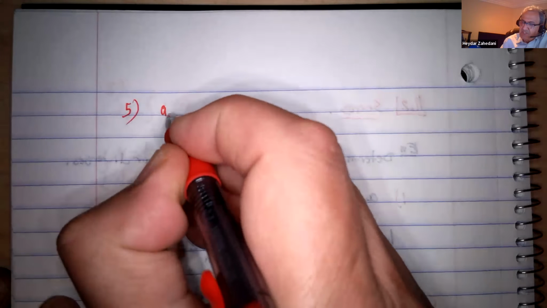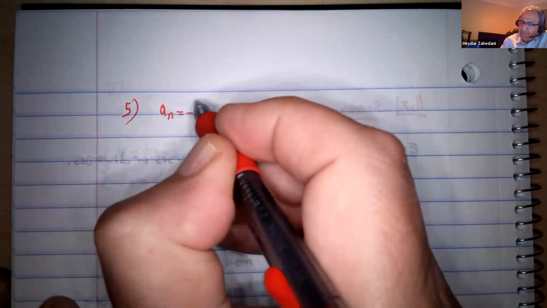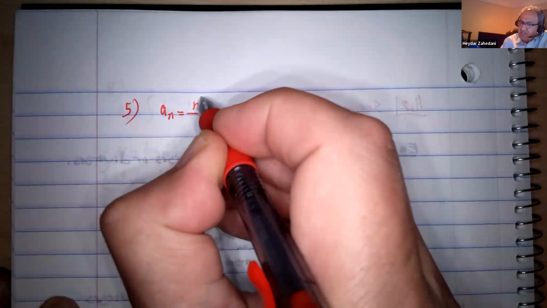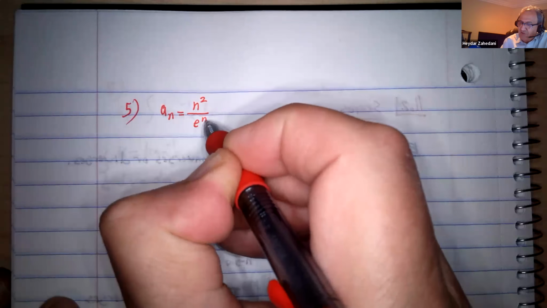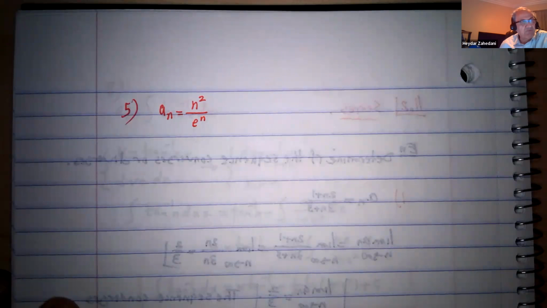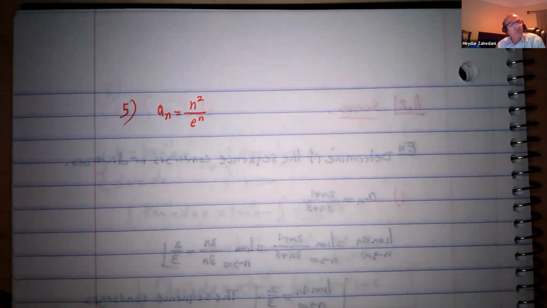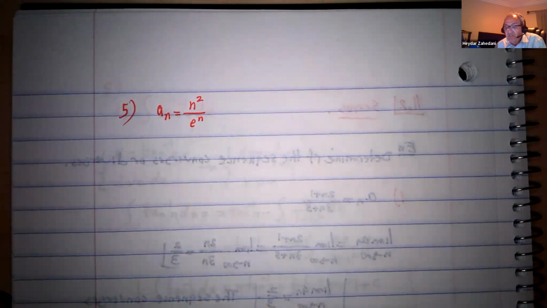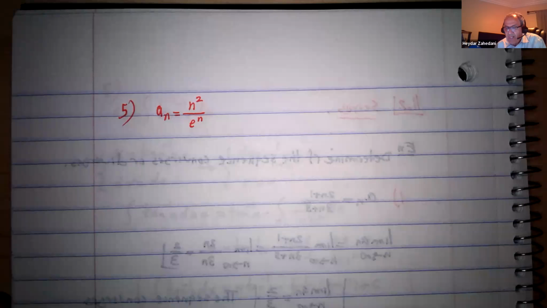If this sequence is given to you, n squared over e to the n, we checked this one before with the L'Hopital rule, because when n goes to infinity, this is infinity over infinity. So in order to find the limit, you have to use L'Hopital rule.